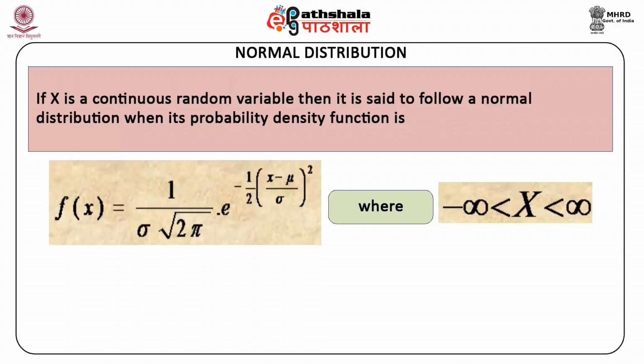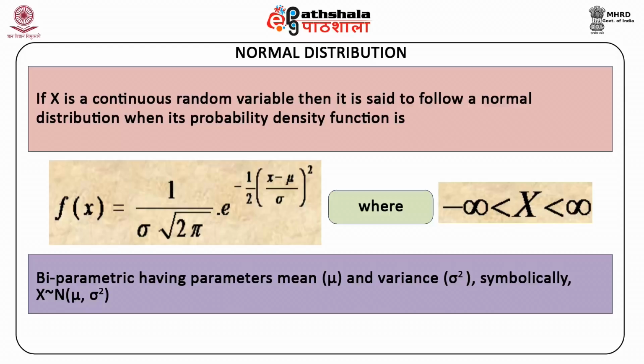The normal distribution is biparametric, having parameters mean mu and variance sigma square, and is symbolically written as x is distributed as N(mu, sigma square).